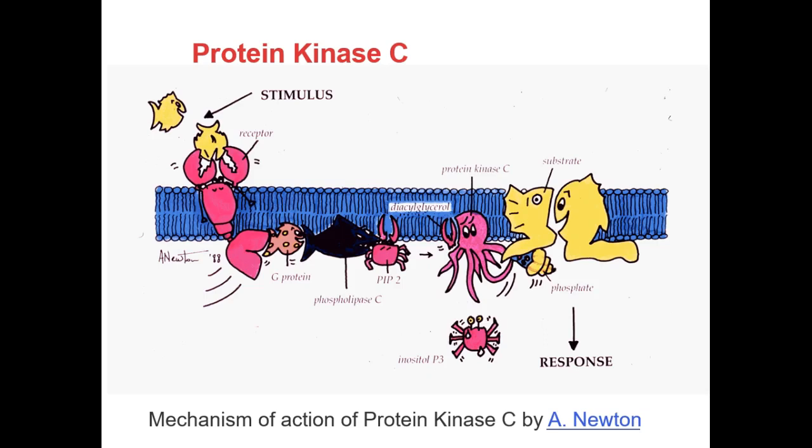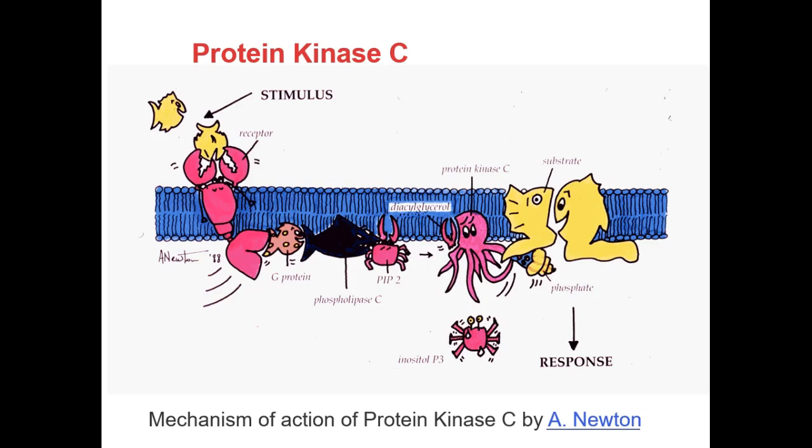So I wanted to end with a couple fun slides. A long time ago, I worked in a laboratory at Indiana University, and the lab next door to mine was run by Alexandra Newton, who is an expert at protein kinase C, and she's not at Indiana anymore. She moved to University of San Diego, but she's a multi-talented person.